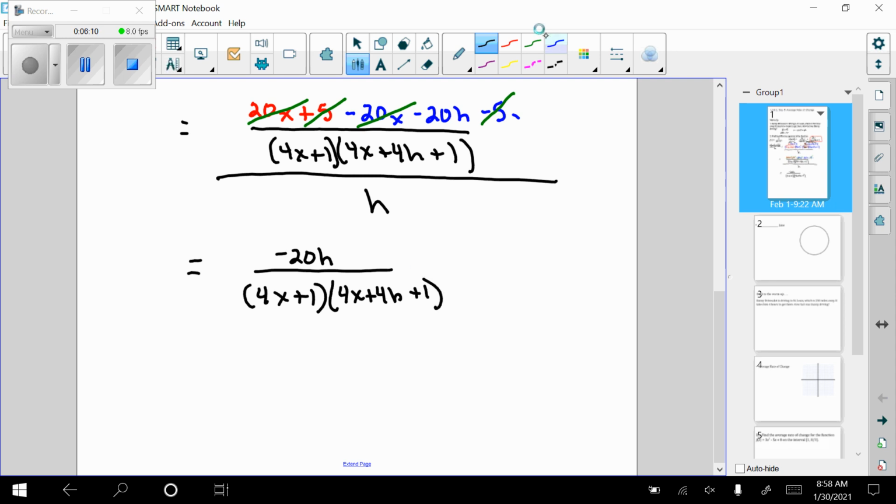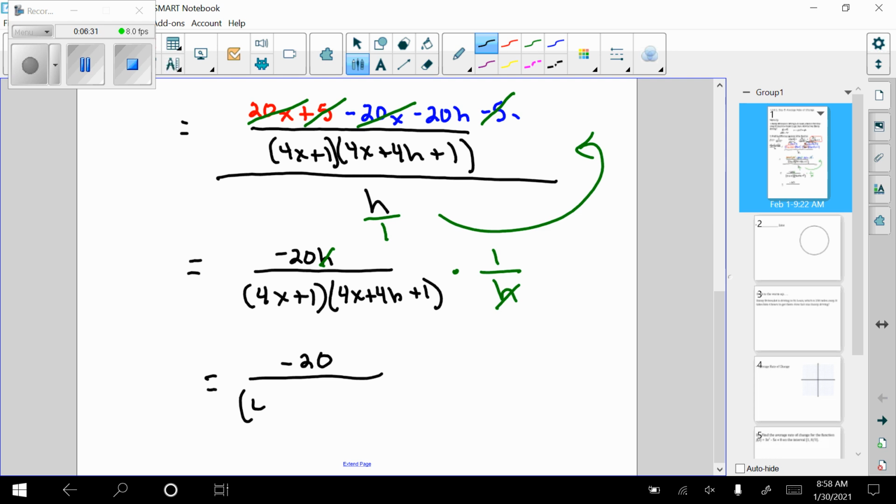Remember, this h is over 1, so if I bring that up and multiply by the reciprocal, 1 over h, my h's are going to cancel. And my difference quotient is negative 20 over 4x plus 1 times 4x plus 4h plus 1.